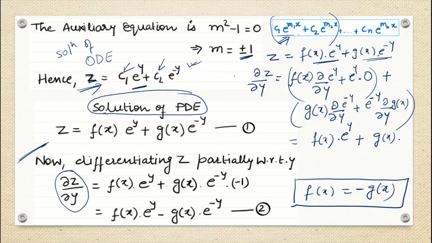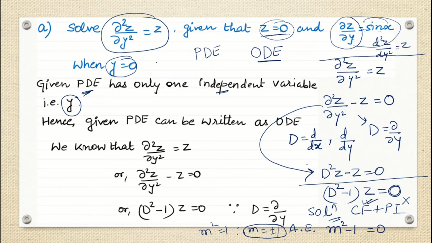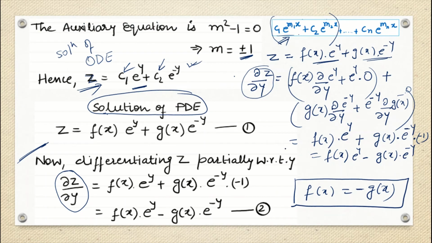Finally I get f(x) e^y minus g(x) e^(-y). The left-hand side is del by del y of z, and they said that del by del y of z is sin x. So this is sin x.